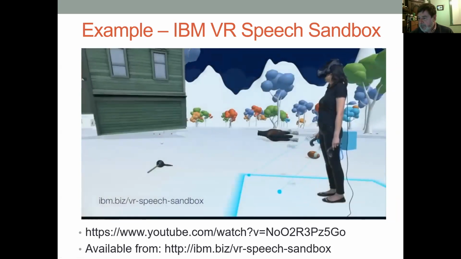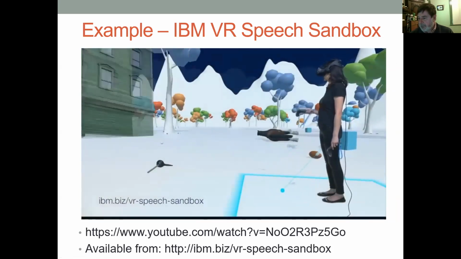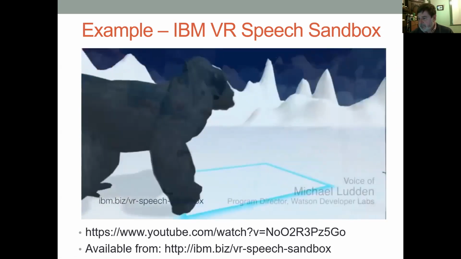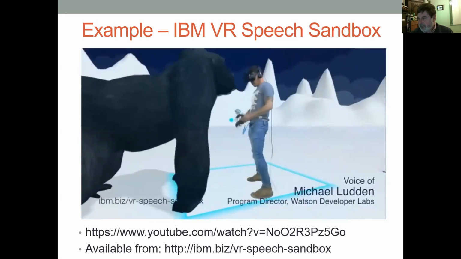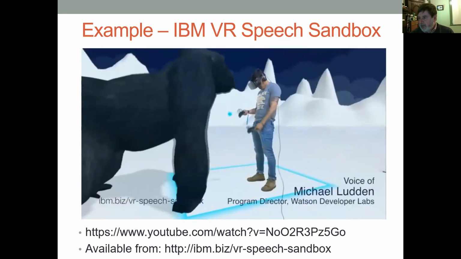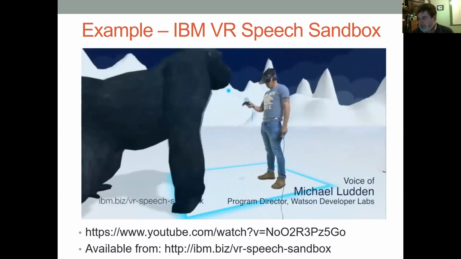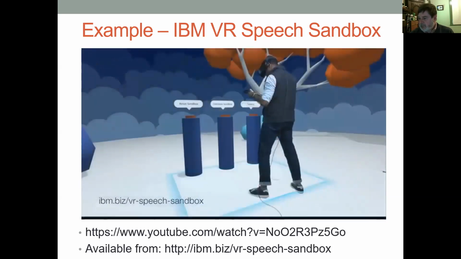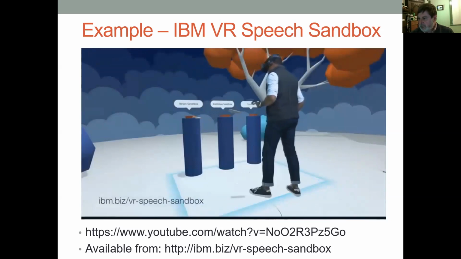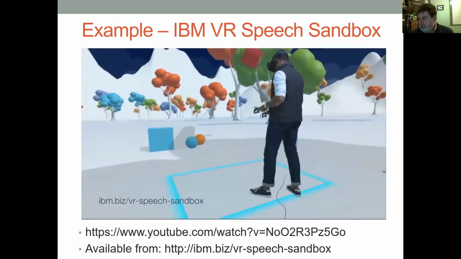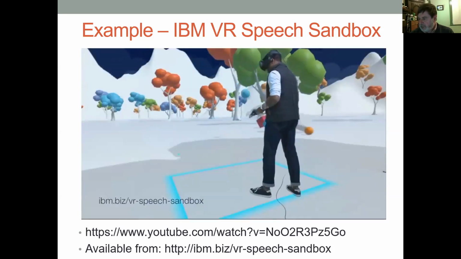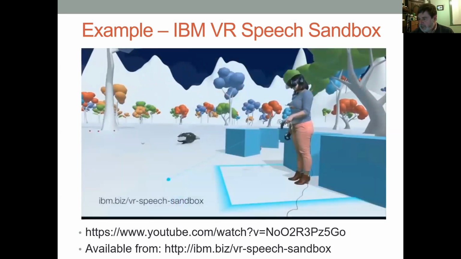So early in 2016, when the Vive and the Oculus Rift were coming out, I noticed that all these VR headsets, including mobile ones, were coming out with microphones in them, but people weren't taking advantage of voice interaction. I also realized that voice interaction makes a lot more sense in VR than it does in other mediums. And we have a really ready-made solution in the form of Watson.